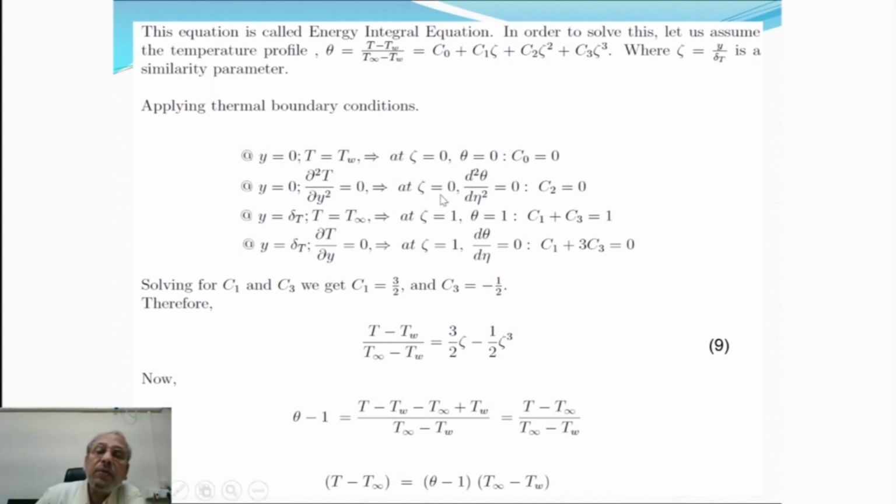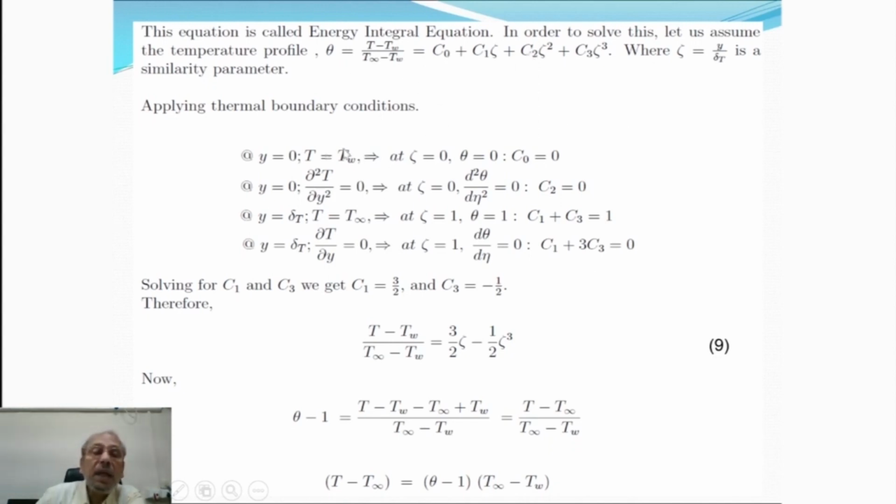That means at xi equal to 0, d2 theta d xi2 equal to 0. There is a mistake here; it should be d xi2, not eta. Please correct it. If we differentiate with respect to xi twice and set it equal to 0, we will get C2 equal to 0. So C0 equal to 0, C2 equal to 0.